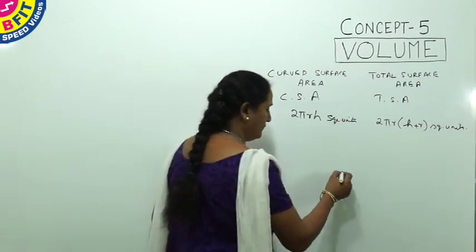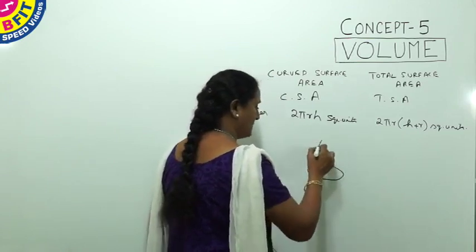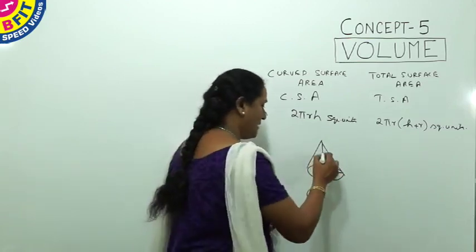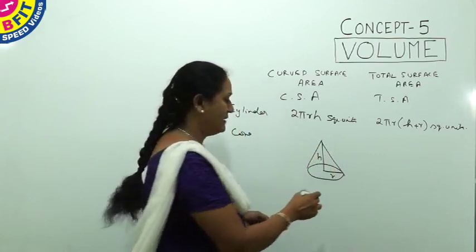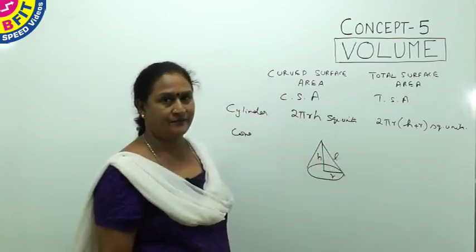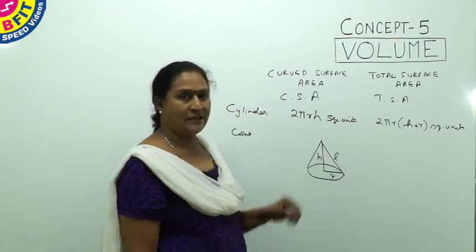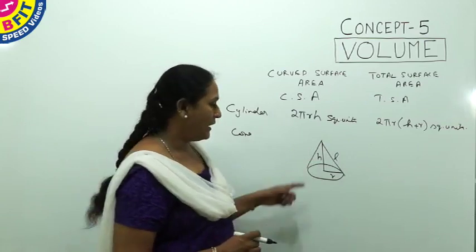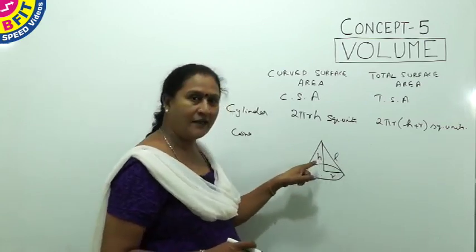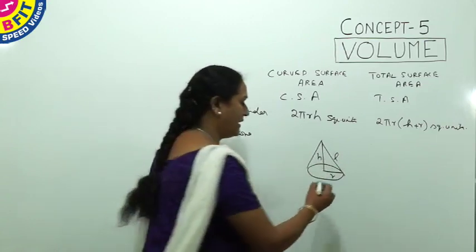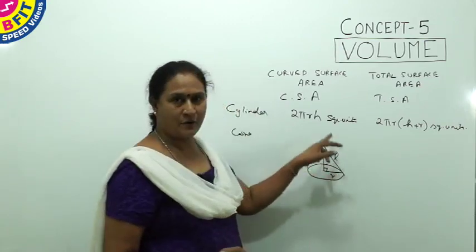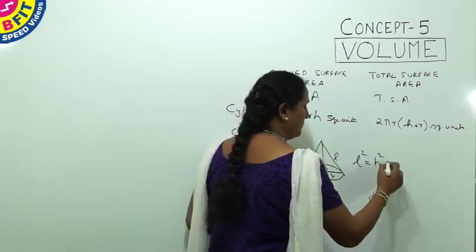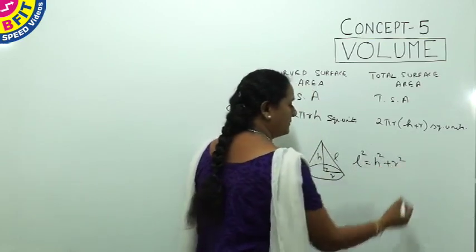A cone has a circle as its base, where r is the base radius, h is the vertical height and L is the slant height. In some questions, if slant height is given, we need to find the height to find the volume. Here we have a right angle triangle and the slant height is the hypotenuse. So hypotenuse square is equal to h square plus r square.